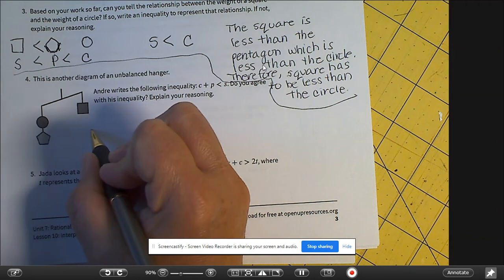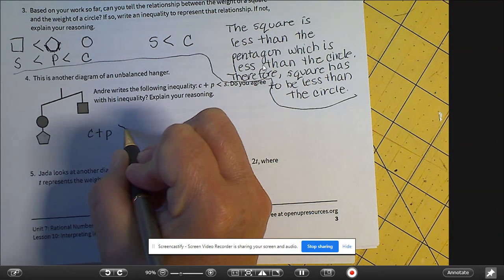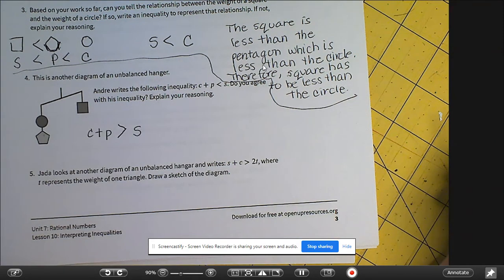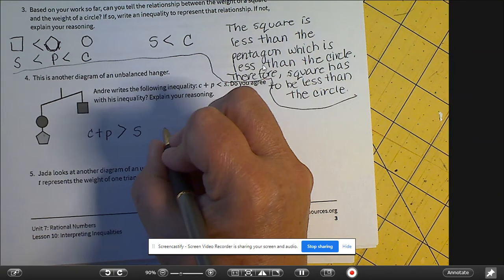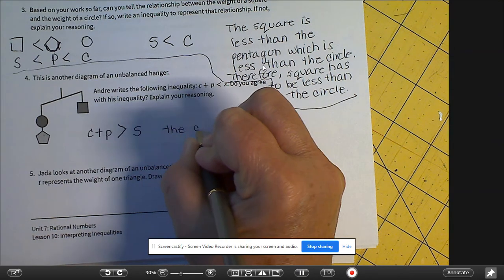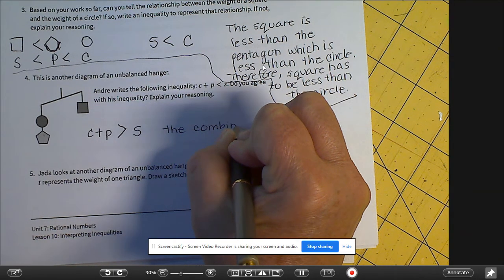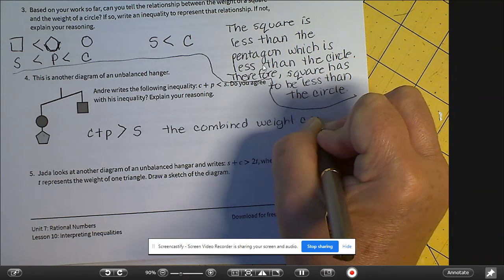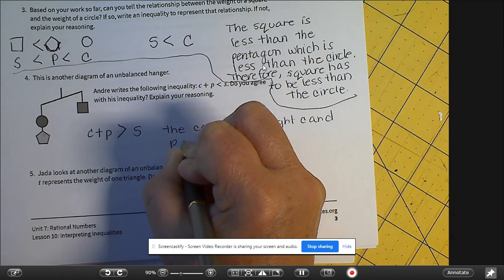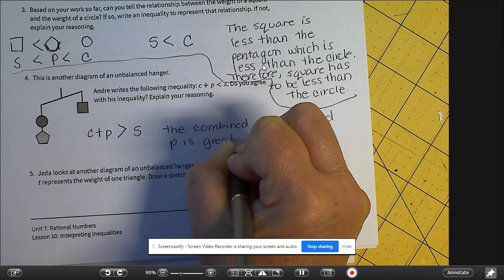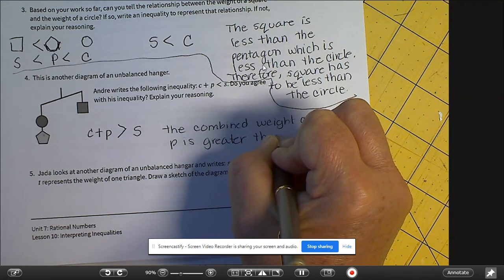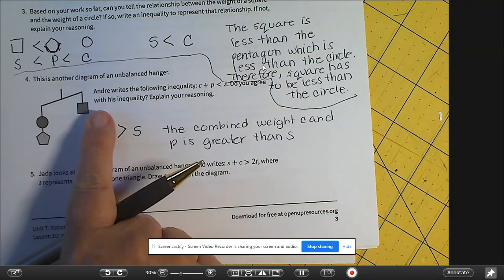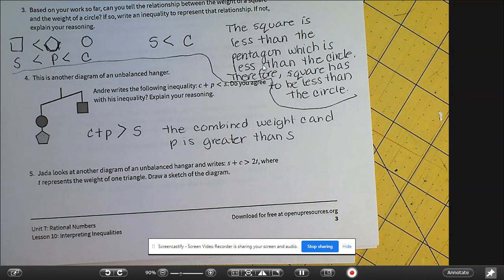So C plus P is greater than S. And that's because the combined weight of C and P is greater than S. Well, these two are heavier than this. All right, number 5.